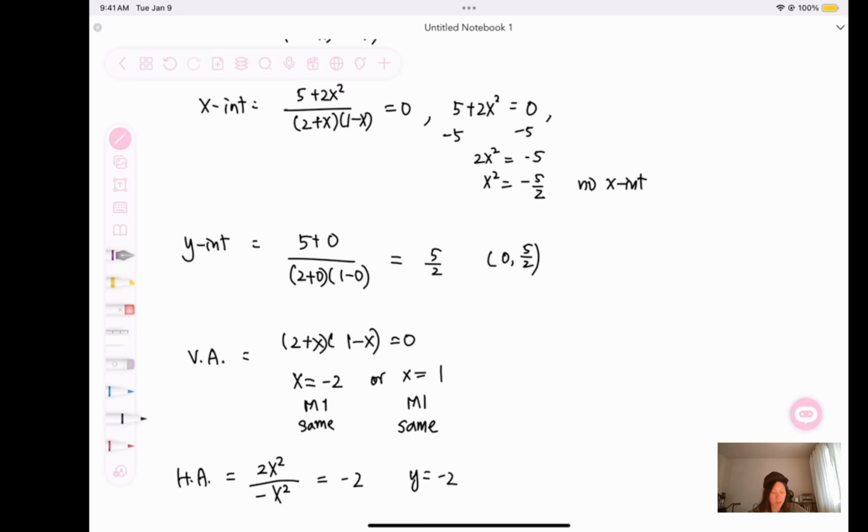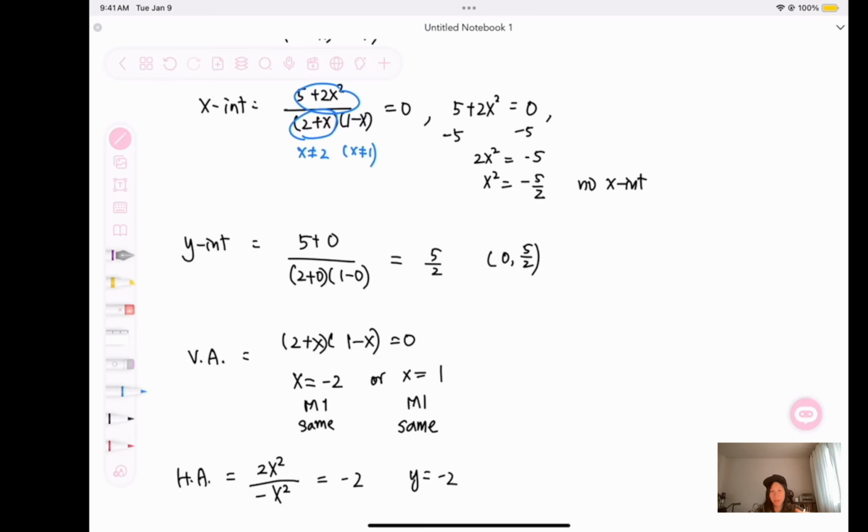The next thing is we need to check for removable discontinuity. We have x cannot equal negative 2, and x cannot equal 1. Now let's look at them. Do the numerator and the denominator have the same factor?